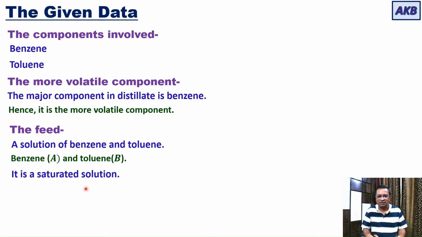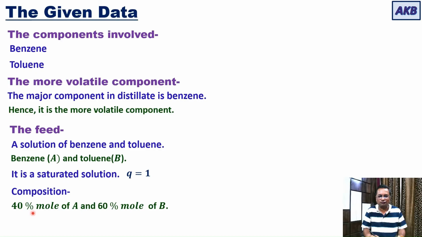That means once you know it is a saturated solution, the value of q is 1, although we don't need q in the Lewis-Sorel method. Then the composition of the feed is provided to us. The feed is containing 40 mole percent of A. That means the remaining 60 mole percent will be of B. So what is the use of this?